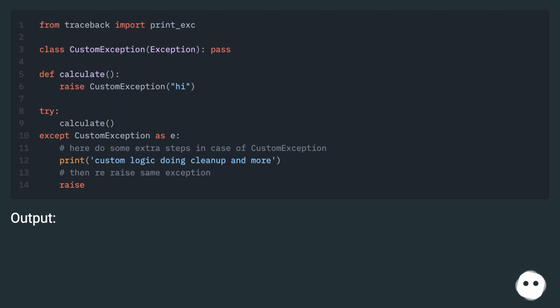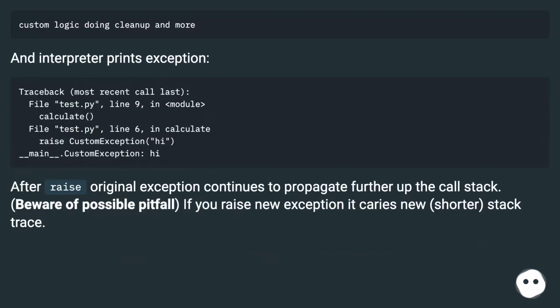Output. And the interpreter prints the exception. After raise, the original exception continues to propagate further up the call stack. Beware of a possible pitfall. If you raise a new exception, it carries a new, shorter stack trace.